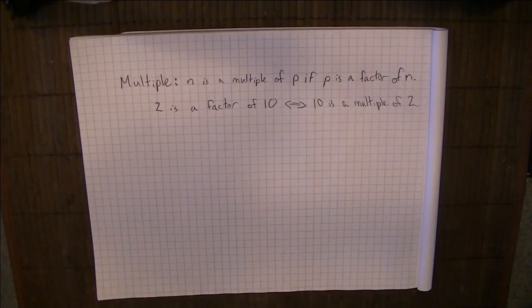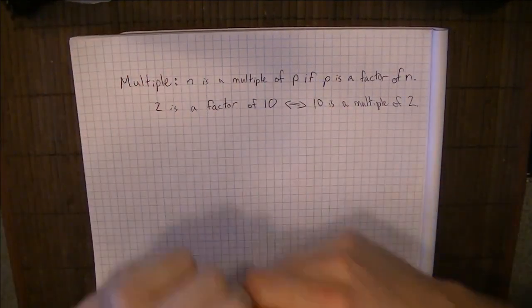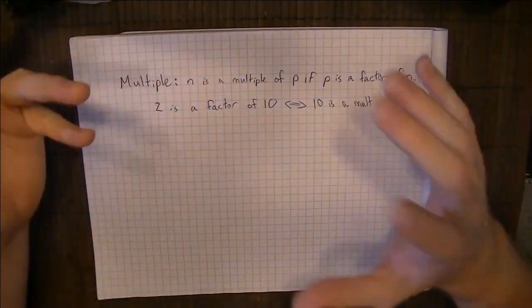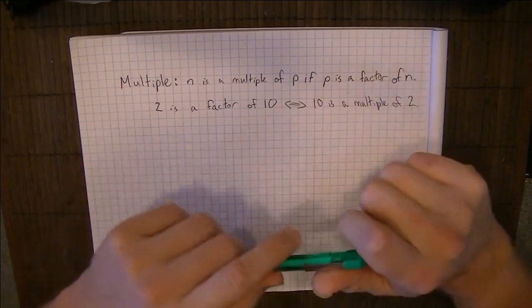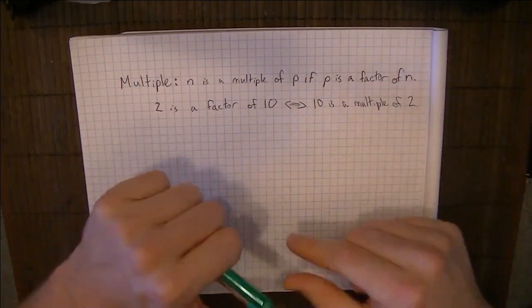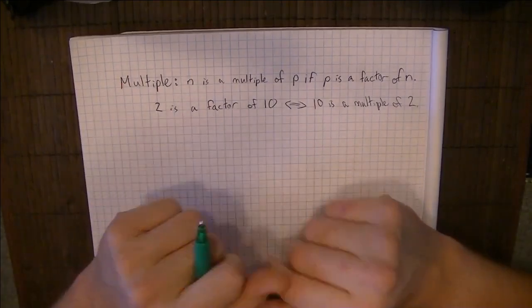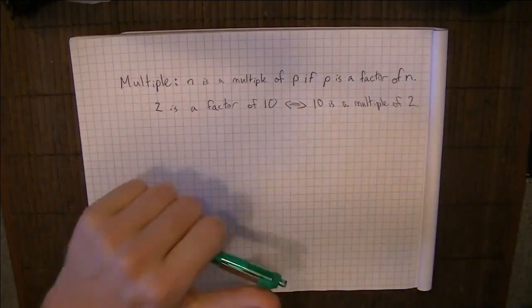Saying the same thing. So multiples and factors, they're saying sort of the same concept just from opposite sides, right? So the bigger number generally is the multiple, the smaller number is the factor. The number that goes into the number is the factor, and the bigger number, the product, is called the multiple.